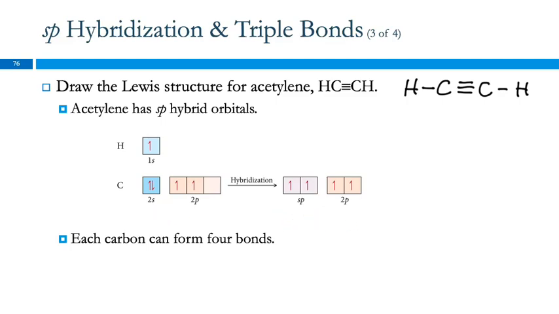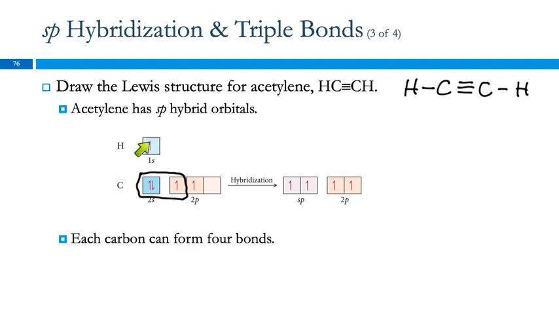When I hybridize them, I am combining the s room and one bed from the p room to make this new room, this new sublevel, sp. There are two beds in it, and then I have two of these p orbitals that are unchanged. Again, the energy difference between these is close enough that the electrons will fill them separately. So again, we have 4 half-filled orbitals. This is why carbon always makes 4 bonds, because all of these hybridizations end up with 4 half-filled orbitals.